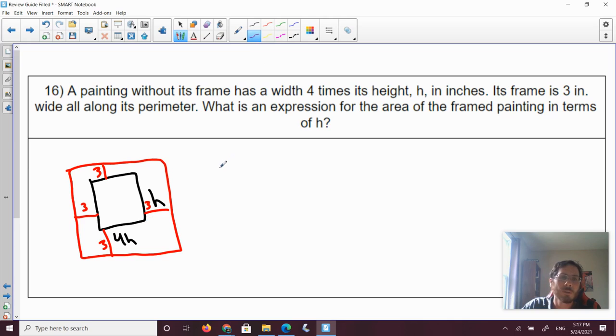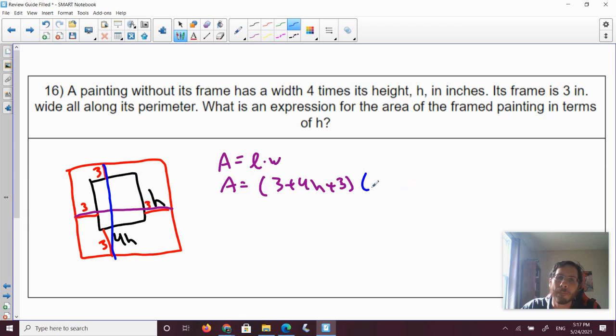All right, so again, we have to remember, just like in number 6, area is length times width. So if we look at the length, if I were to go all the way across, I'd hit 3, 4h, and 3. If I want to get the width, I'm going to go all the way up and down. 3, and then this h, and then another 3.